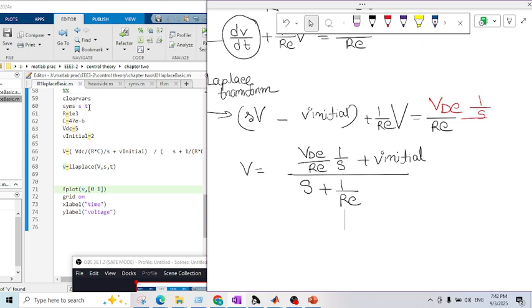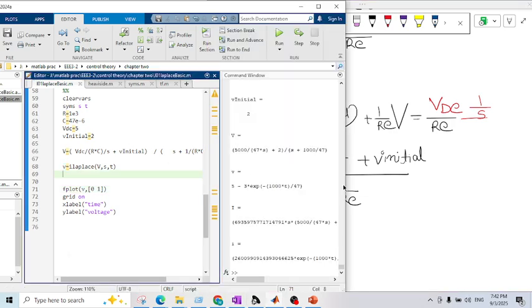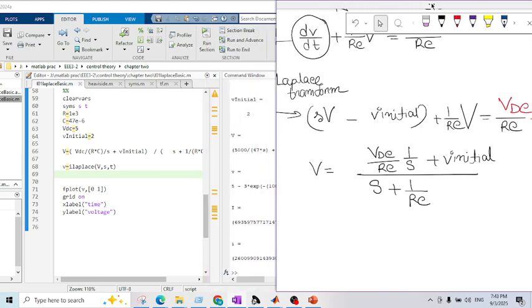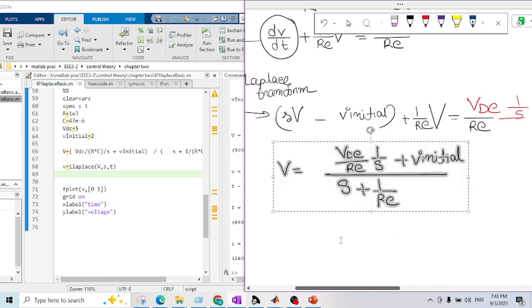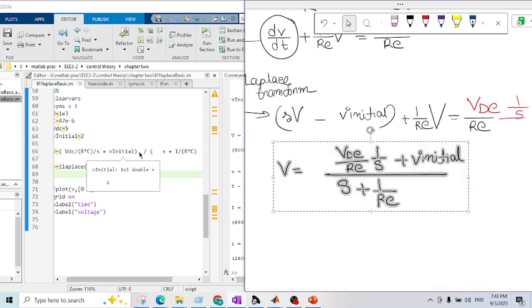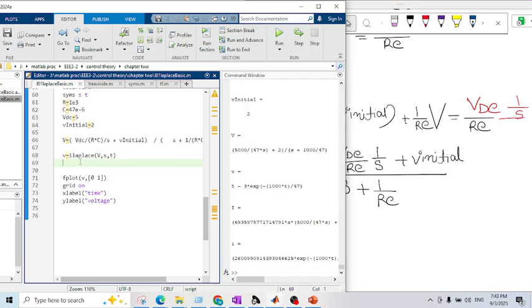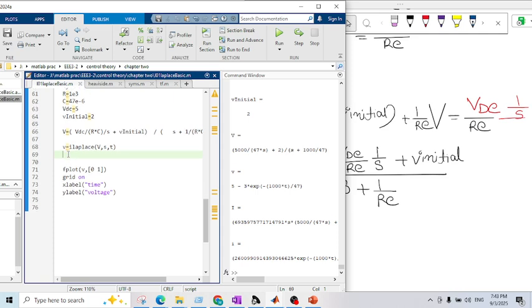These are not double variables, these are symbolic variables. Then R, C, VDC, V initial, and then we have made this V, which is simply equal to this. That means we have made this equation here, and then we have used the inverse Laplace built-in function to find voltage in time domain.